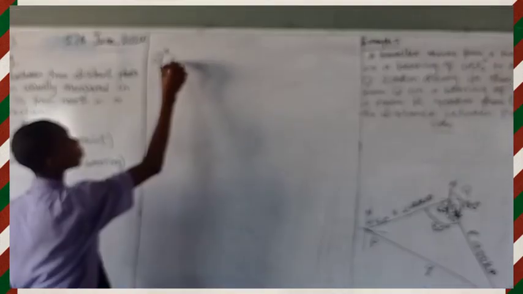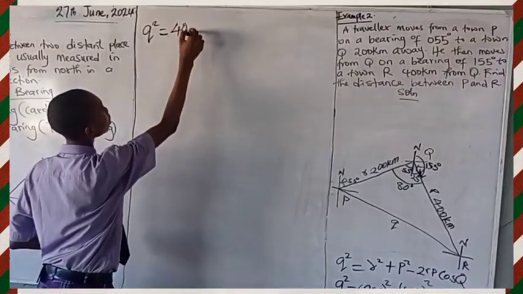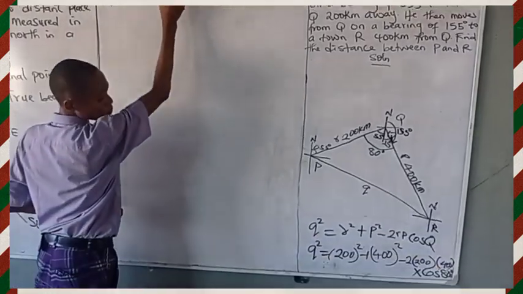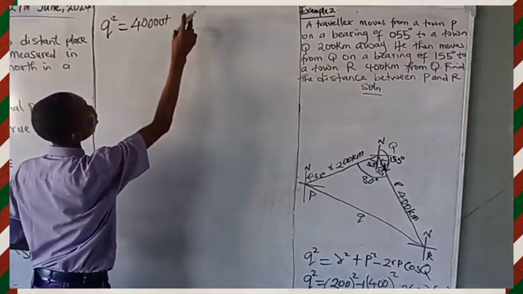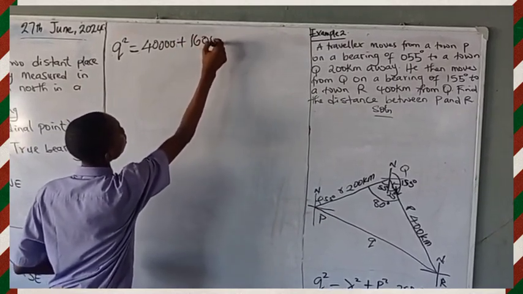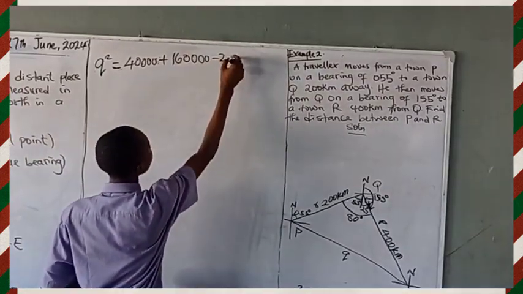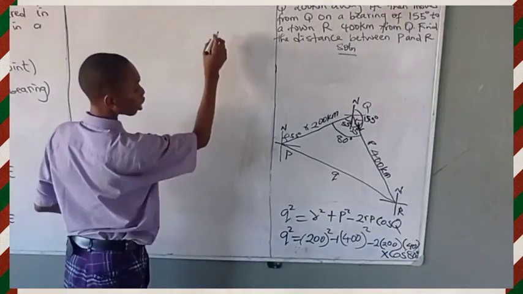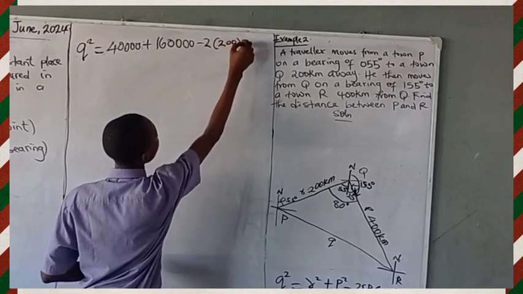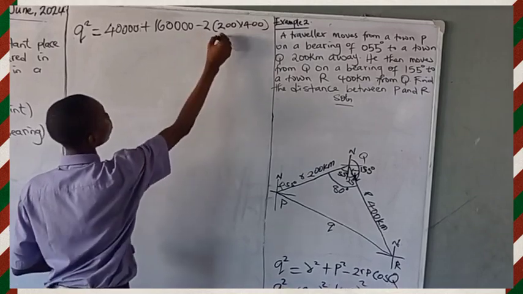Our q square will now be equal to 200 squared is 40,000, plus 400 squared is 160,000, minus 2 times our r, which is 200, times 400, then cos.